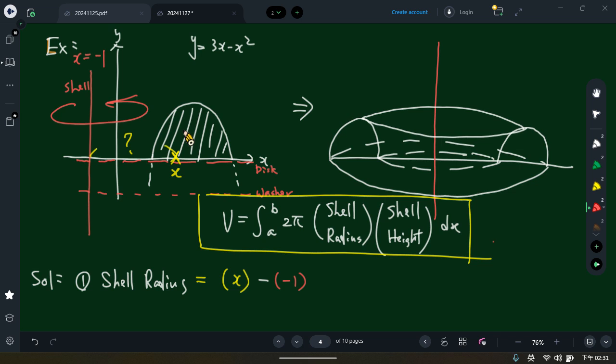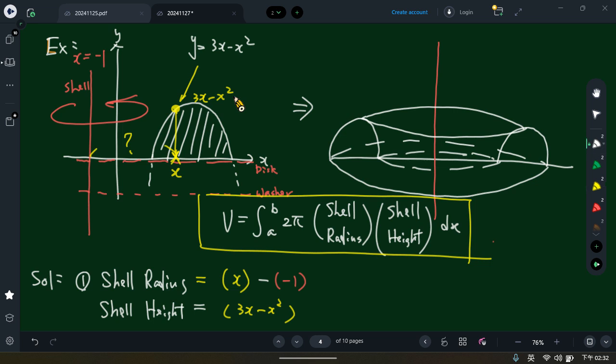This is the shell radius. Then we also need to have the shell height. We just simply use its height. This is its height, right? Because we use x as a pick point and use it as an input for this function, we can get the height here, which is 3x minus x squared. So the result will be 3x minus x squared.